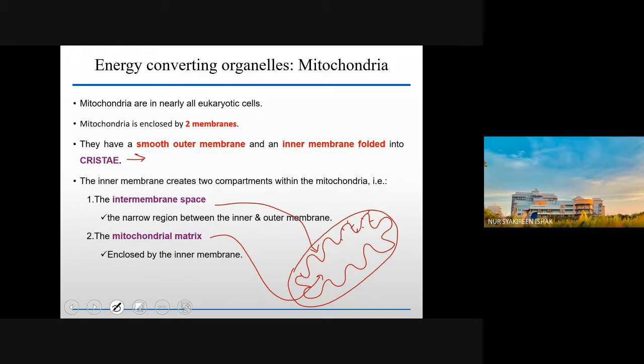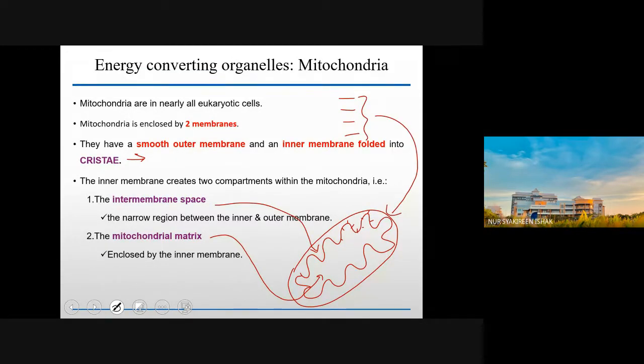Cellular respiration has several stages. You have the first stage, glycolysis, and then pyruvate oxidation, and then the Krebs cycle, and then the electron transport chain. All these occur at different places in the mitochondria.